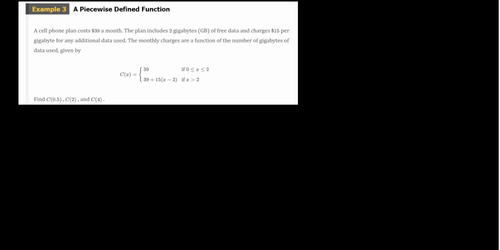My first year, I remember taking college algebra, and I mean, it was probably even in high school. I remember getting to piecewise defined functions, and I remember thinking, these functions don't look like anything that I'm used to, and I'm not even going to rub two brain cells together to figure it out, and I'm just going to hope that there are not a lot of piecewise defined functions on the test. That was me as a first year college student, and now look at me, I'm teaching this stuff, right? But it's really not that hard.